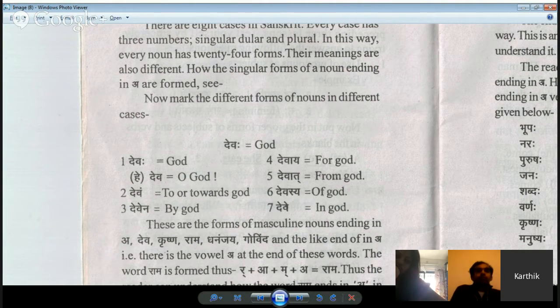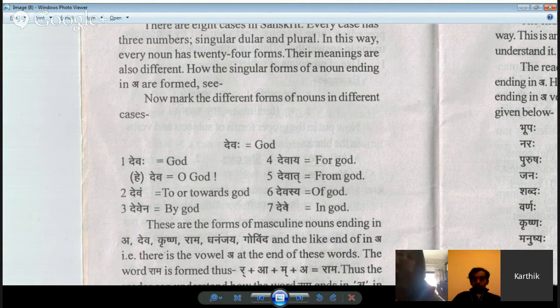Fruit is separating from the tree and falling. The tree is the source from which the fruit is falling. So the tree goes in the Panchami Vibhakti. So Vrikshat, from the tree, Phalani Patanti, the fruits are falling. That is the meaning usually used in the Panchami Vibhakti. We will see further details of Panchami as we go along.